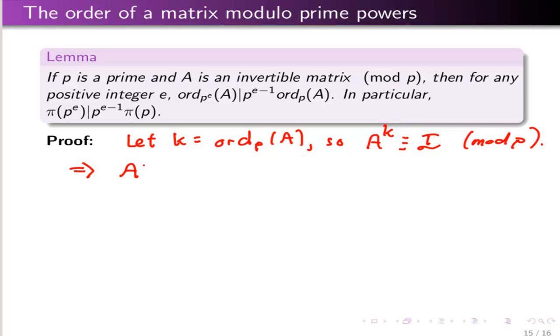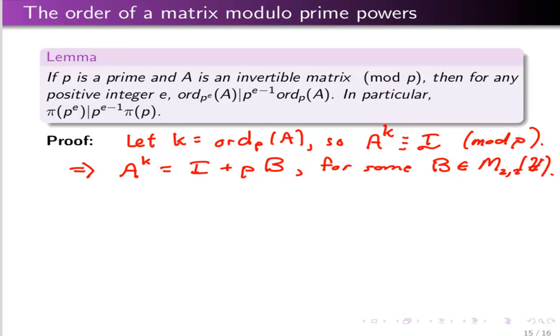Let's go ahead and bring in that congruence means it equals I plus p times some matrix B, some matrix B whose entries are integers, so it's a 2 by 2 matrix in M22Z, and then raise both sides to the pth power.